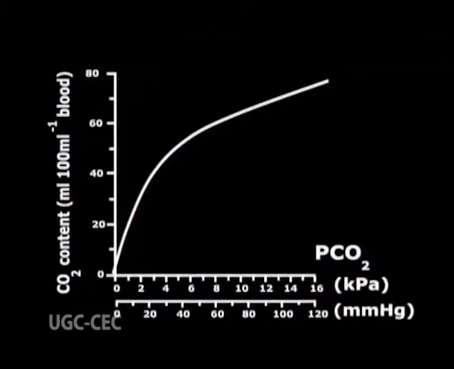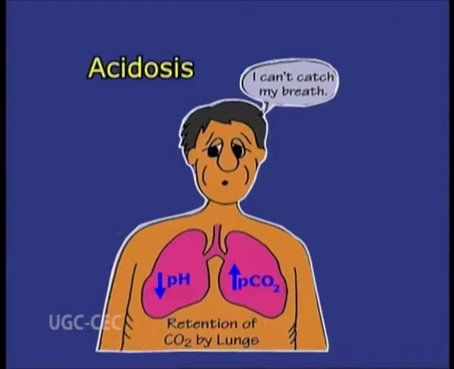As we see in the CO2 dissociation curve, regulation of CO2 levels is important since any rise in PCO2 increases the CO2 content of the blood and promotes acidosis. Lower level of CO2 in blood causes acapnea, resulting in the cessation of breathing.